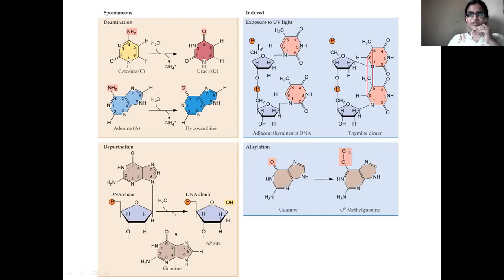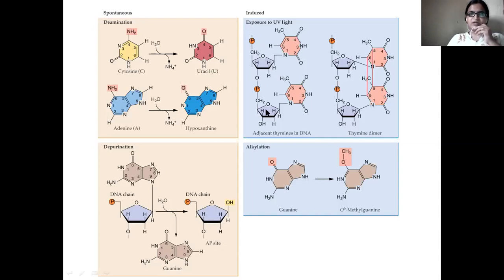If you look at the diagram very clearly, this is the nucleotide we are seeing. The nucleotide will have a sugar, a phosphate, and a nitrogen base. So this is the sugar molecule, and an adjacent thymine is there. Here also we can see sugar, phosphate, and nitrogen base, that is thymine, right?